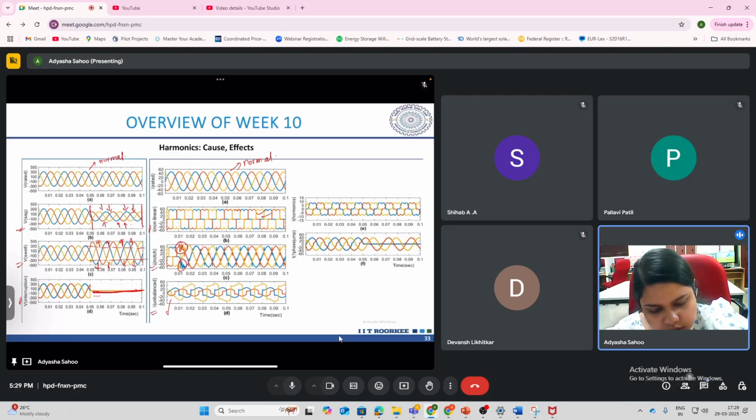Then this is again a phase jump. Up to this point you had blue, red, and yellow three phases, but after this part you do not have the blue phase. So one phase is absent, and this is also a waveform for a certain type of harmonics, similar to these nonlinear loads.